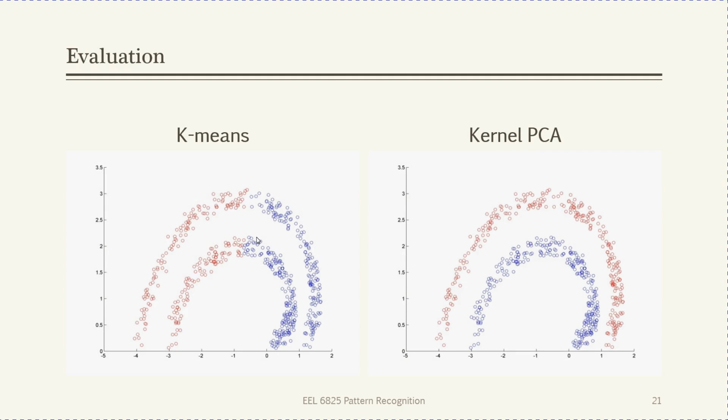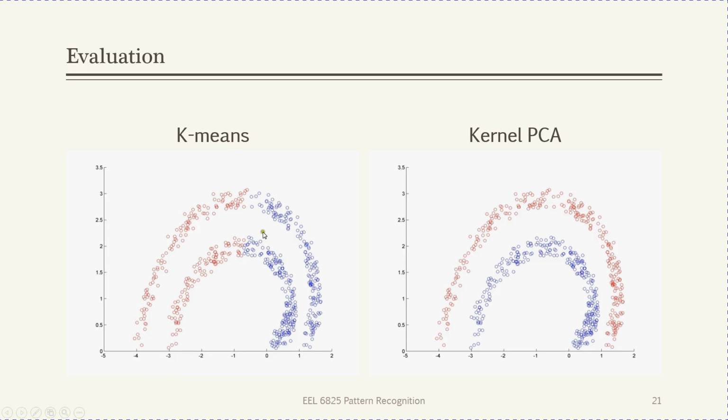In the evaluation stage, I compare k-means with the kernel method. What k-means does is just put a line here, because of its linear clustering method, all it can do is cut the data in half.